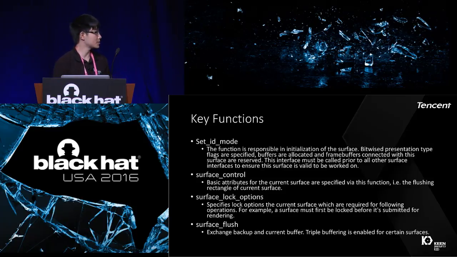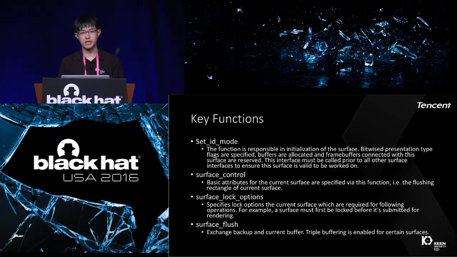The surface lock options is also an important function, because if you want to submit your surface for rendering, you must lock it first. Surface lock options is an external method in the IOAccelerator surface that receives some lock options to specify the lock behavior of the surface. And finally, there's another function named surface flush.